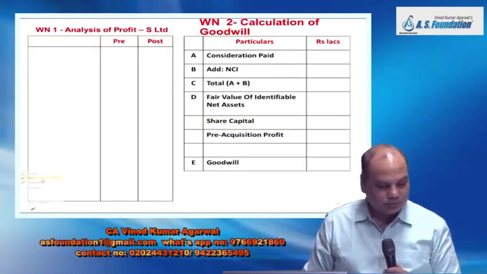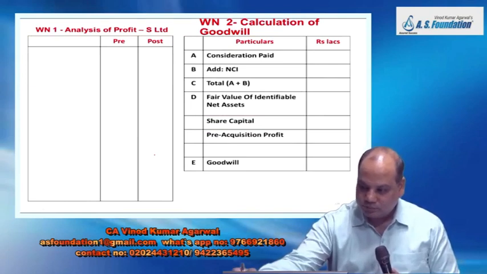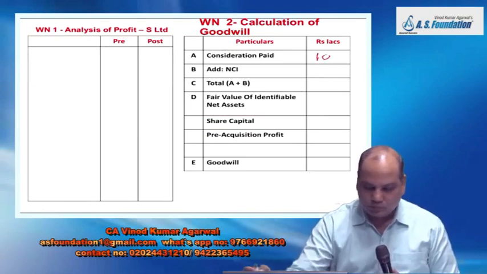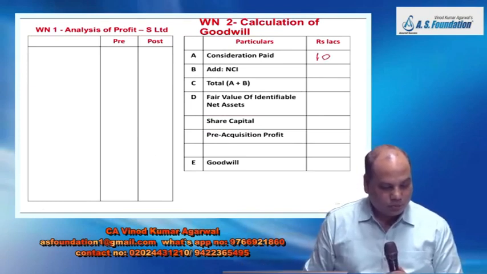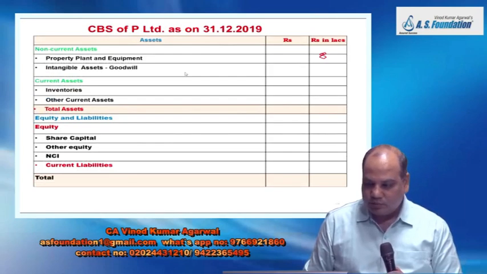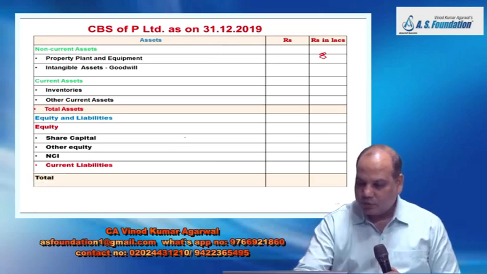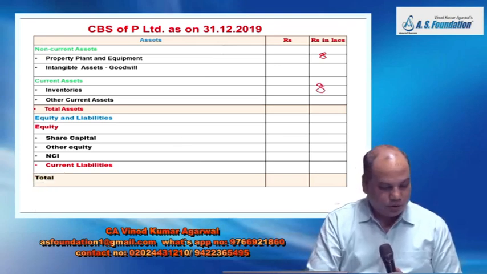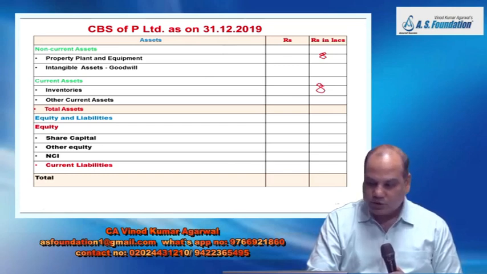Consideration paid 10. Then inventory. Do we have adjustment in inventory? No. Take 5 plus 3. Is it 8? Other current asset, 2 plus 7.